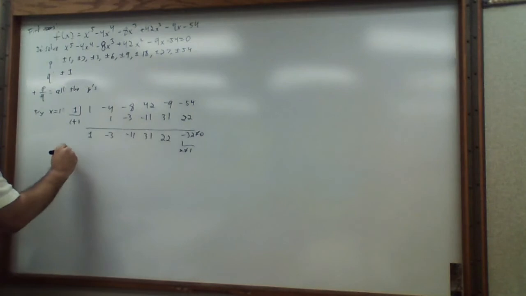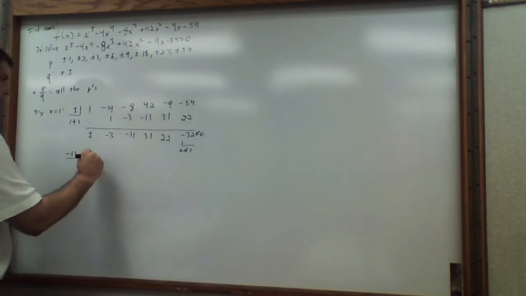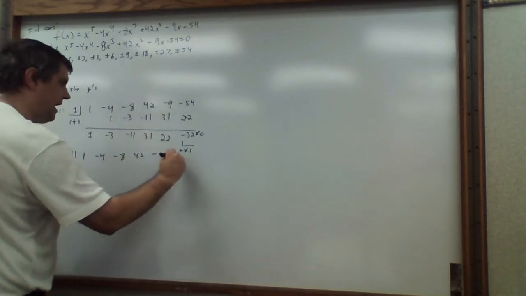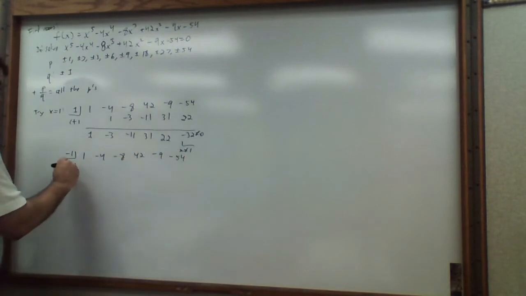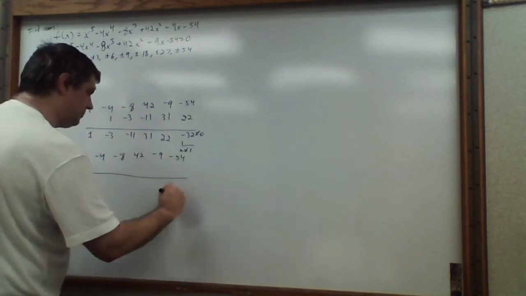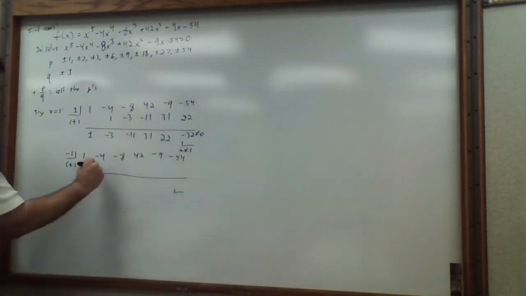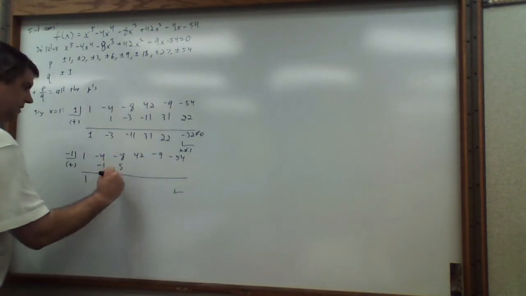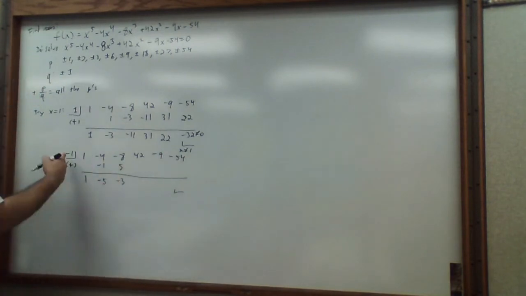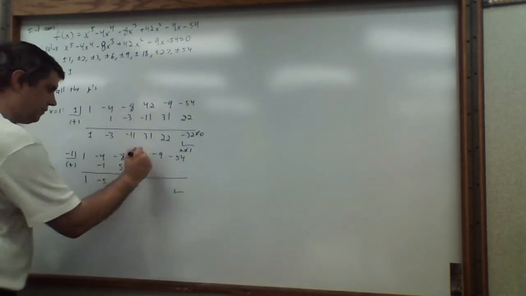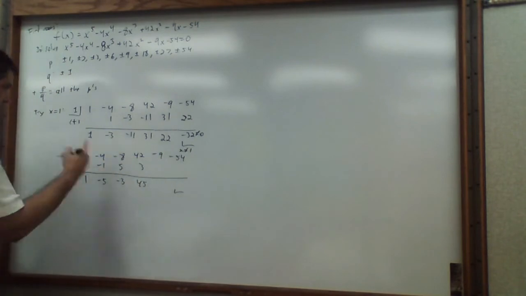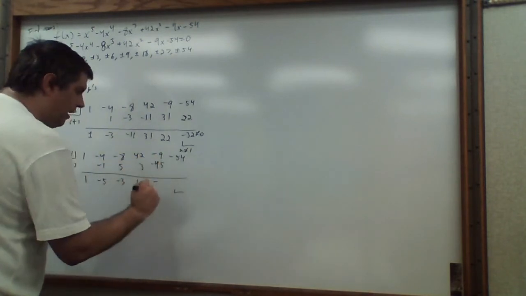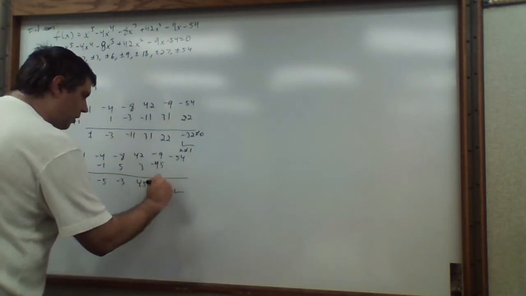Now we'll try negative 1. So 1, negative 4, negative 8, 42, negative 9, negative 54. 1 times negative 1 is negative 1, that's negative 5. Negative 1 times negative 5 is positive 5, that's negative 3. Negative 1 times negative 3 is positive 3, that's 45. 45 times negative 1 is negative 45, that's negative 54.